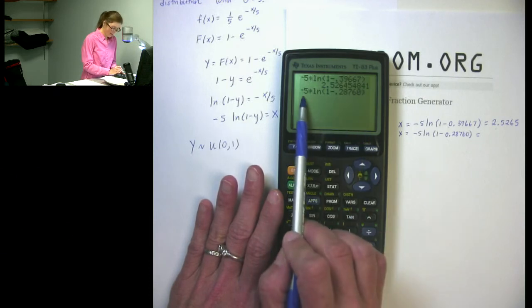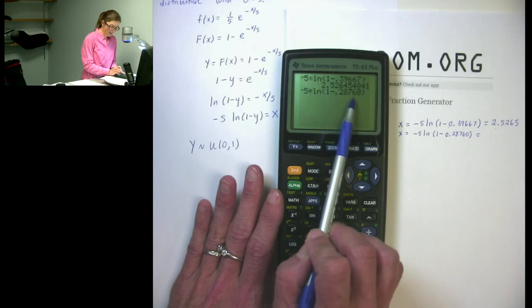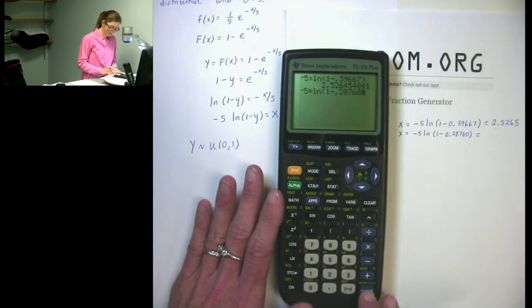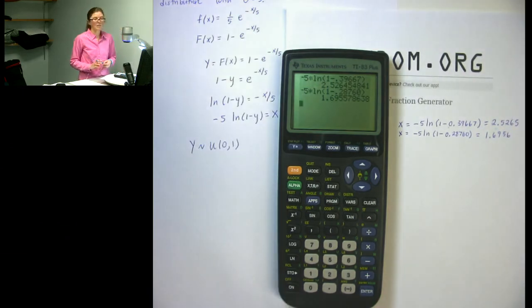So I'm going to have negative 5 times the natural log of 1 minus 0.28760, my new simulated result, and it gives me a value of x of 1.6956 if I round to 4 decimal places.